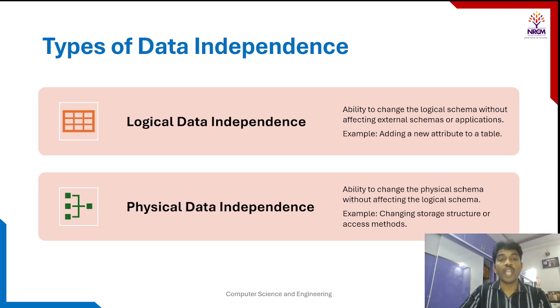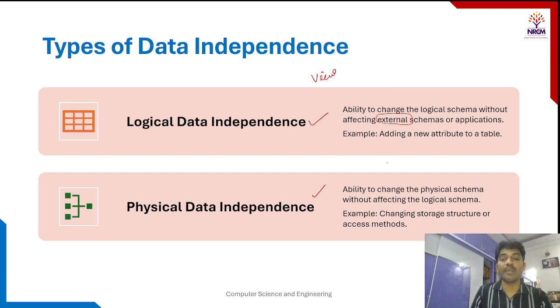And the types of data independence. There are two types of data independence: logical and physical. Coming to logical, it is the ability to change the logical schema without affecting the external, meaning the view level. Without changing the view level, we are going to change the model. That is called logical independence.